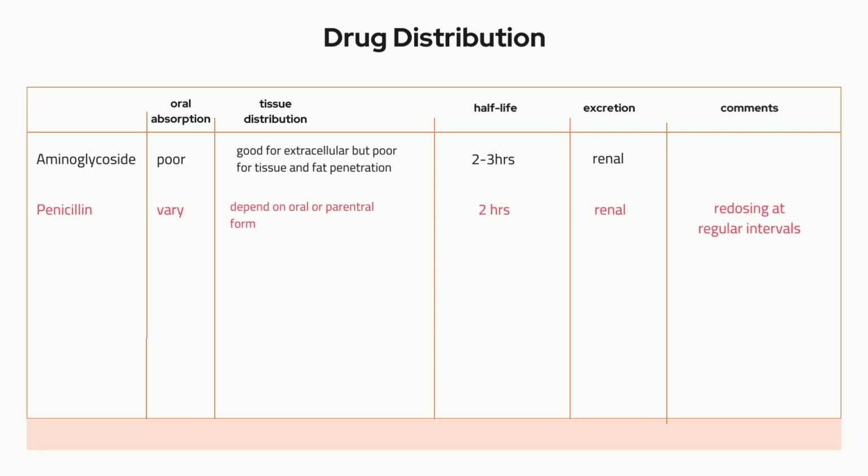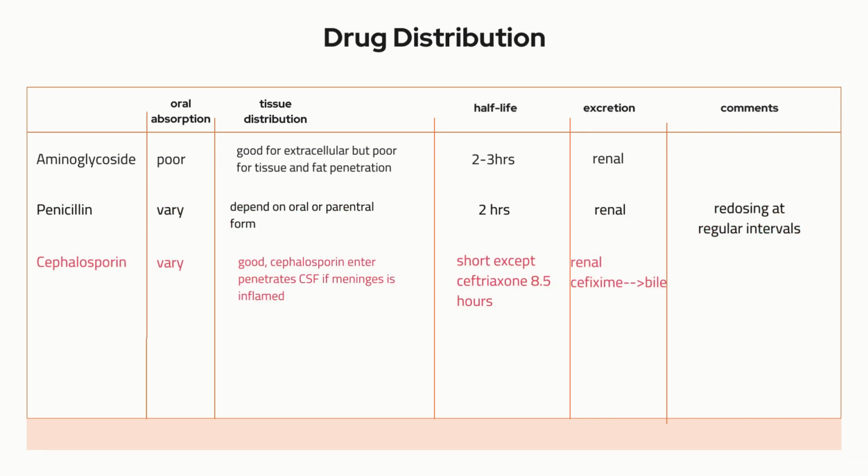Penicillin's oral absorption varies by type and is available in both oral and injectable forms, with differences in tissue distribution as well. Due to their short half-life, regular redosing is necessary to maintain effectiveness and prevent resistance. Cephalosporins are available in both oral and injectable forms.